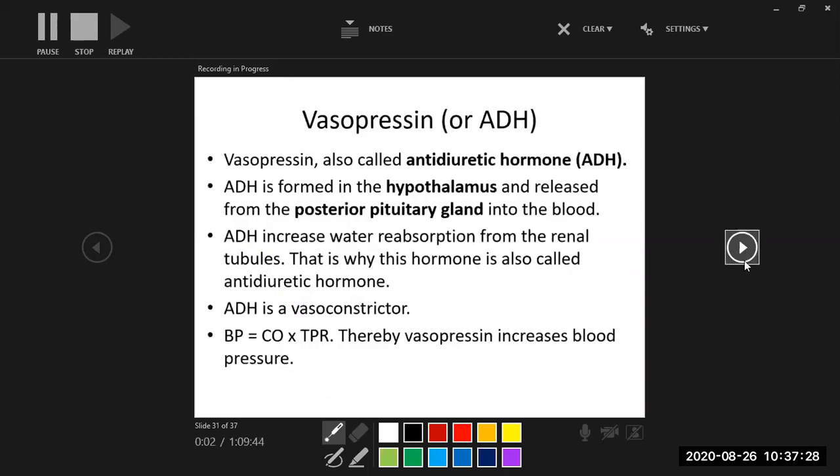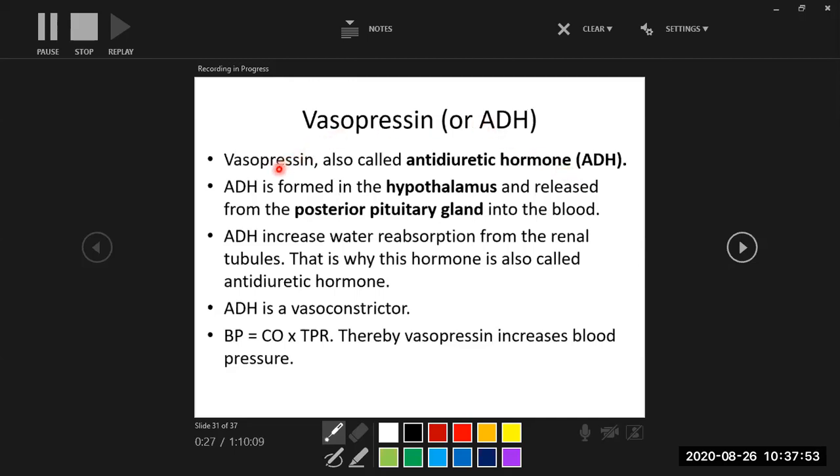ADH, renin angiotensin 2, can act on the brain. Which part of the brain? Pituitary gland. Okay, so ADH is also called vasopressin. We talk about ADH as an antidiuretic hormone to reabsorb water.